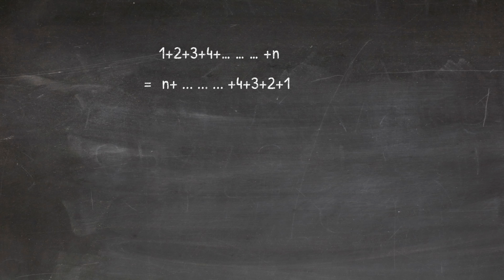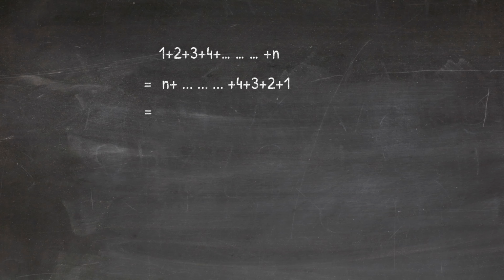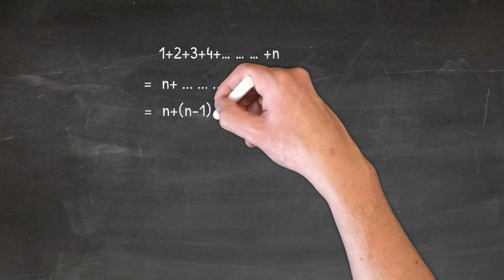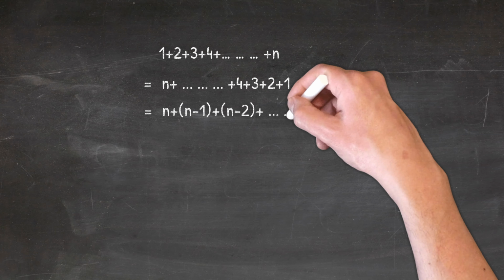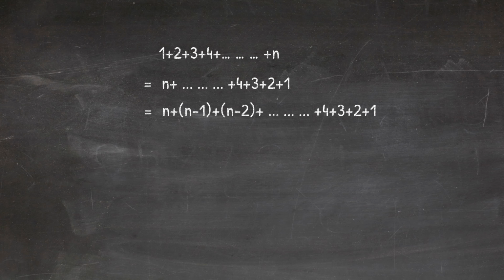We can put some more values in terms of n here in the sequence. n plus n minus 1 plus n minus 2 plus, then go down to 4 plus 3 plus 2 plus 1.